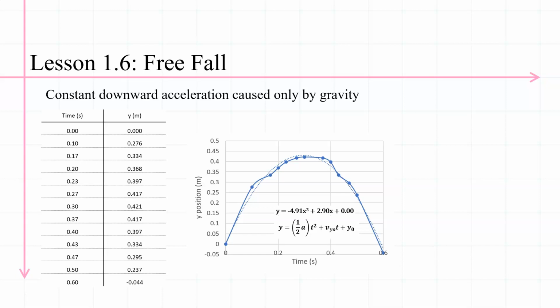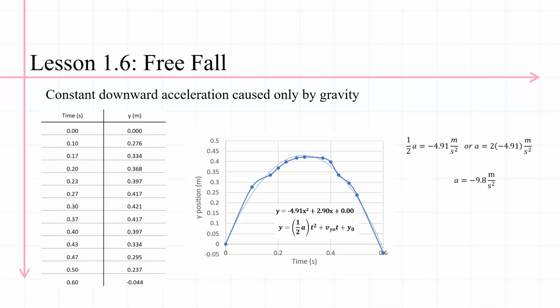I can figure out acceleration from that by just equating those two. 1/2 a equals negative 4.91, so my acceleration is 2 times negative 4.91. I get that negative 9.8 value, and this data actually gave me really good agreement with what the acceleration due to gravity should have been.